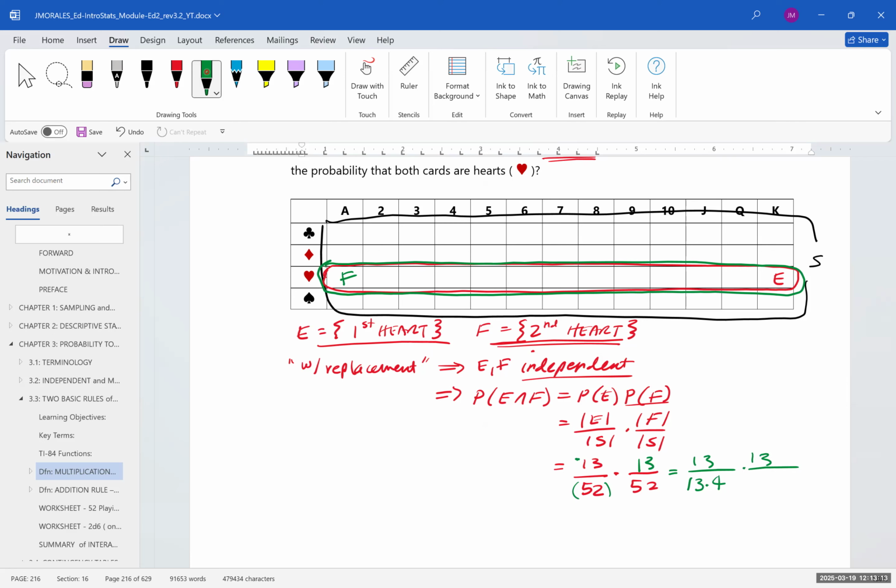And I can do that on both denominators. And so a 13 here will cancel with a 13 there. And a 13 here will cancel with a 13 there. So what we've got left in the numerator is just 1. And in the denominator, we've got 4 times 4, which is 16.